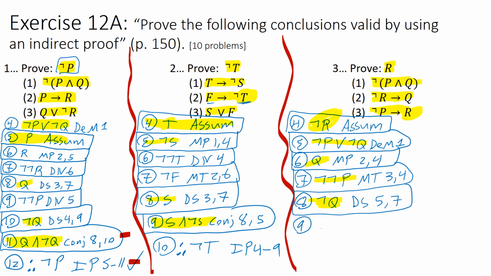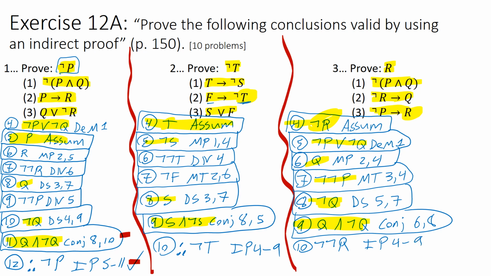Line 9, Q and not Q, conjunction, 6, 8. We've ended up at a contradiction based on our assumption of not R. So outside of quarantine, we can say that not R, we're denying that assumption, so not R. Indirect proof, lines 4 through 9.